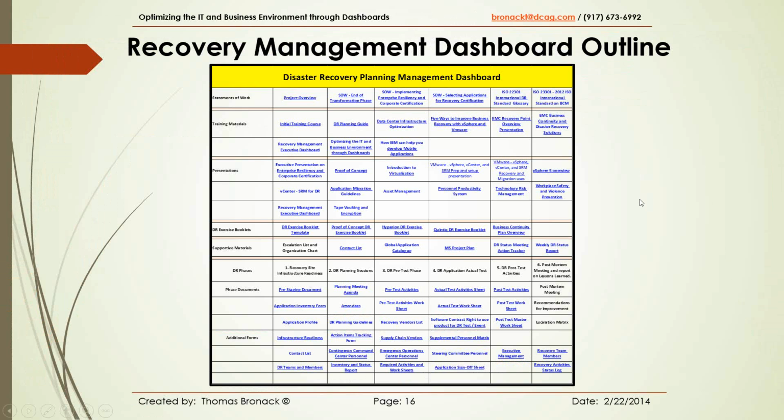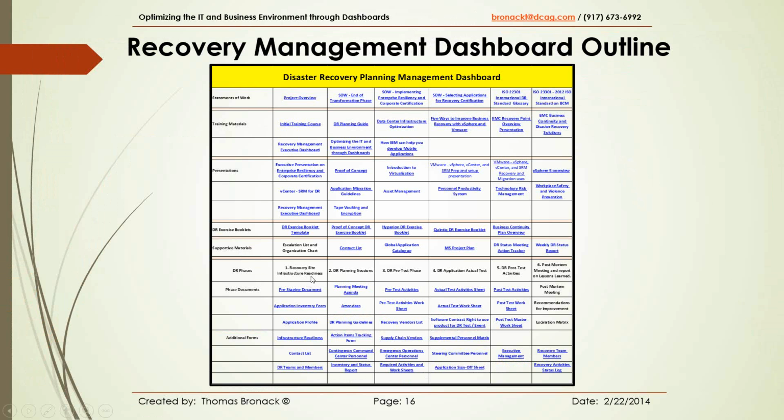Recovery management, now this is right now the executive management, and the dashboard is available immediately. And this is used to generate exercise books. And there are 6 phases that are involved.